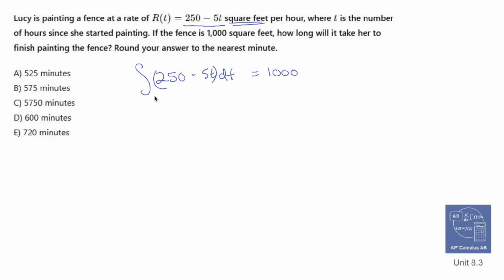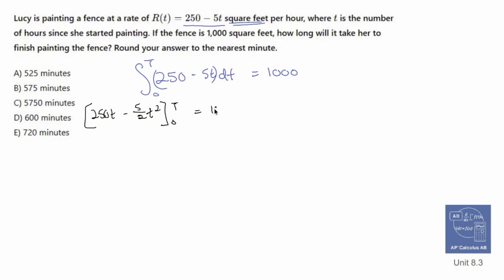I don't know if that's going to help me, but I'm just going to integrate with limits at 0 and capital T, and that should help me out. So integrating this guy on the left is going to be 250t minus 5 over 2 t squared with limits at 0 and T.